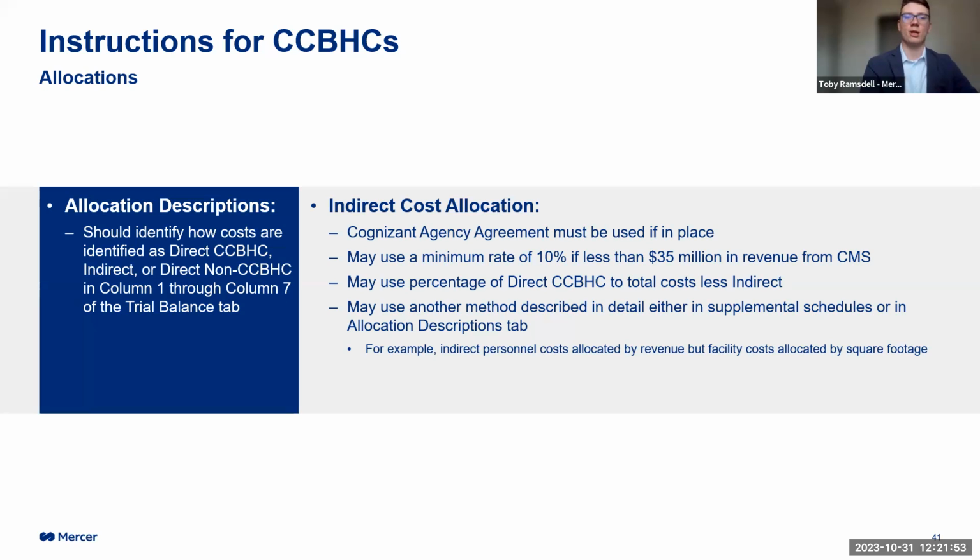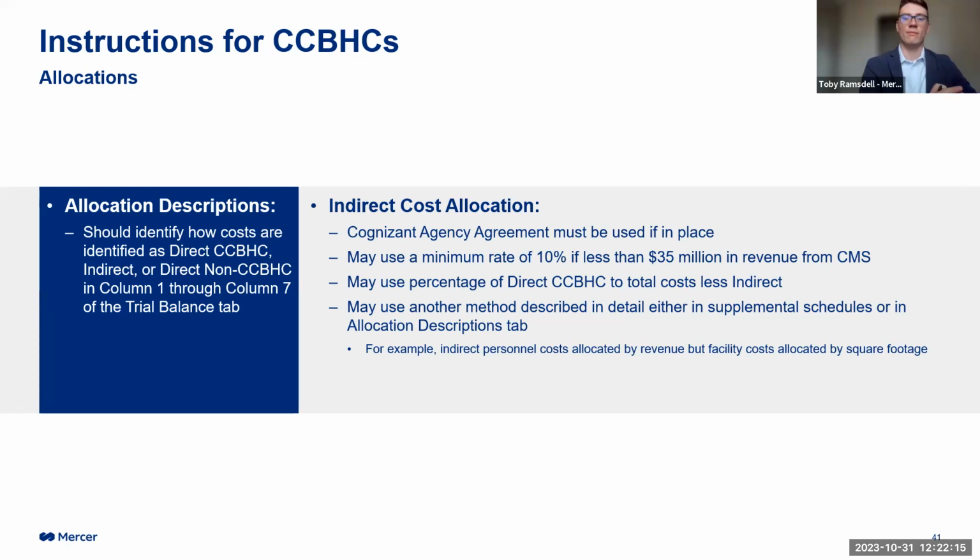So the three primary methods are cognizant agency agreements, which we covered earlier, but those have to be used if you have one. There's the 10% de minimis rate, so that's the federal minimum, and that may be used if the CCBHC has less than $35 million in revenue from CMS.